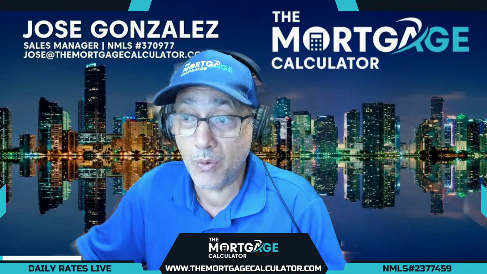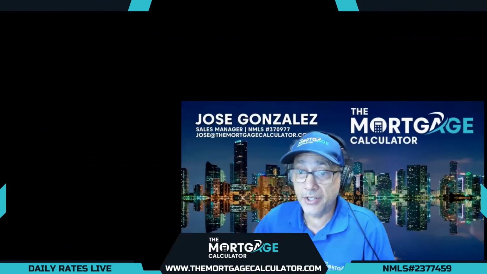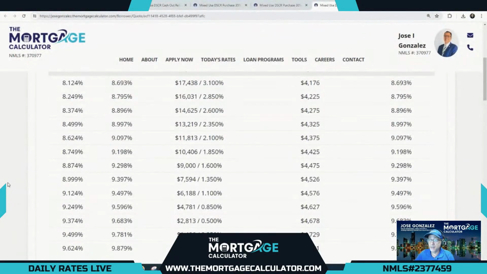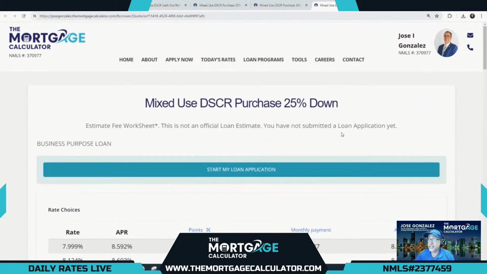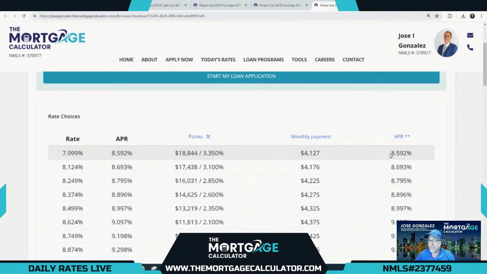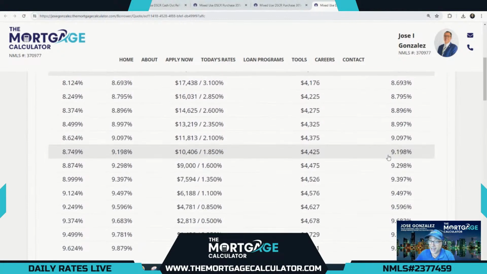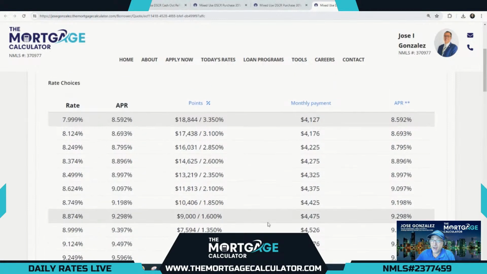So let me go ahead and share the options with you right now for our purchase and refi options. Our first option here is with the minimum 25% down payment. 75% LTV is the max, but you can see why we're so excited, because look at these rates, right? 9.624 is at par, and you can buy that down all the way to 7.999.